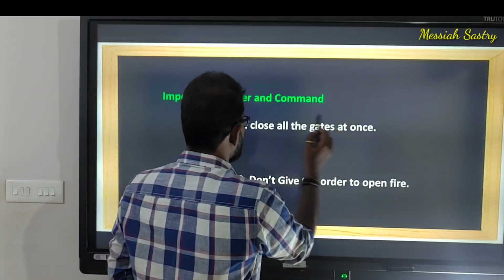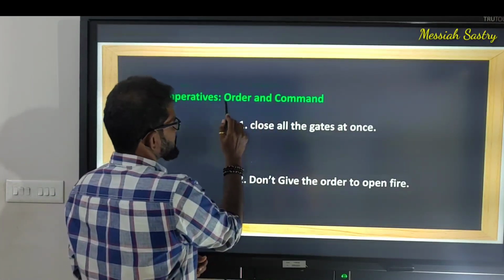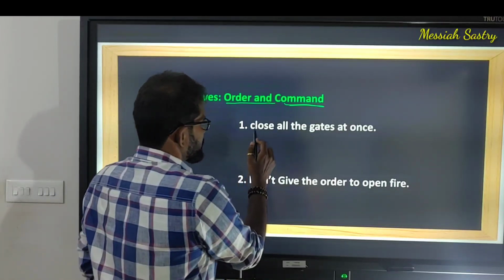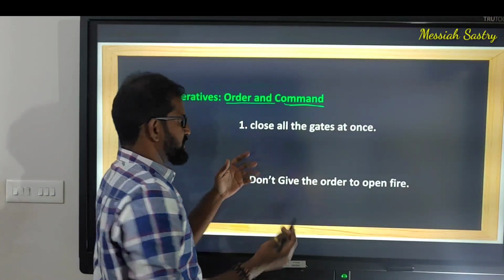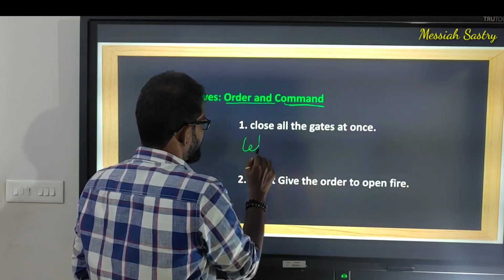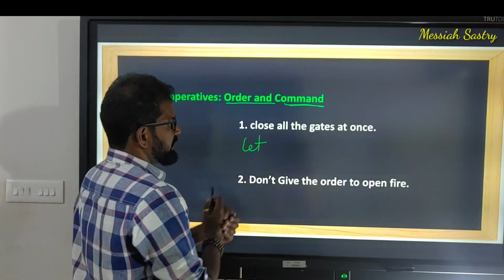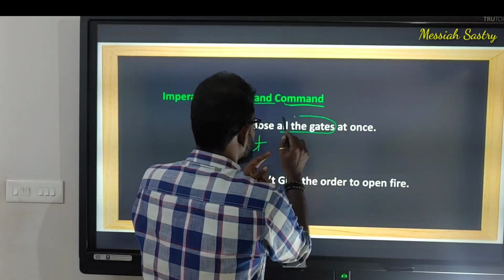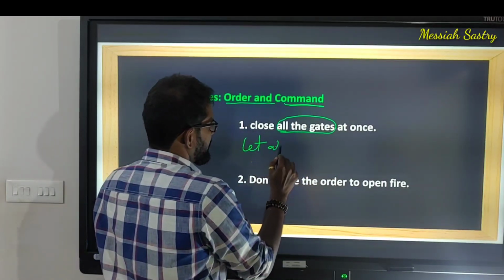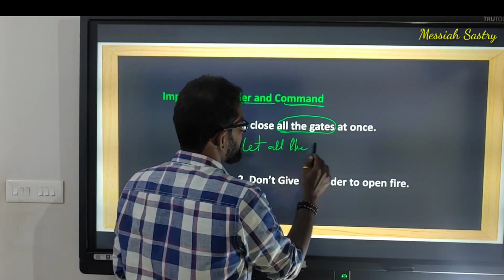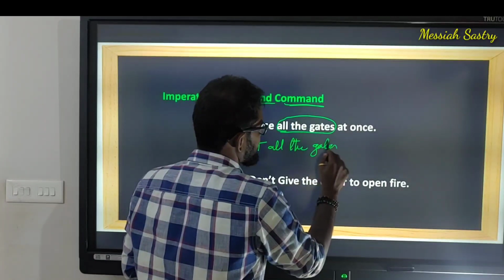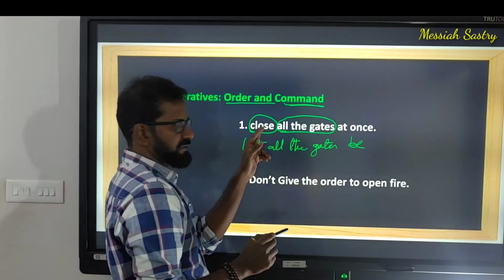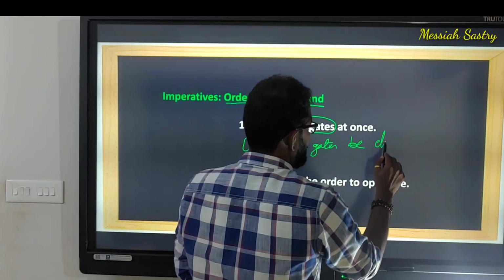Close all the gates at once. Suppose an imperative is an order or command. So we find in the books the answer this way, beginning with let, and then bringing the object. All the gates is the object. Let all the gates be closed at once. Before the verb we use be.